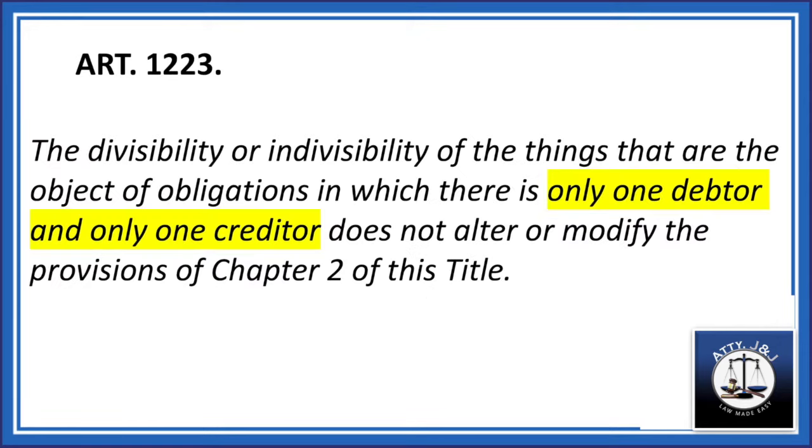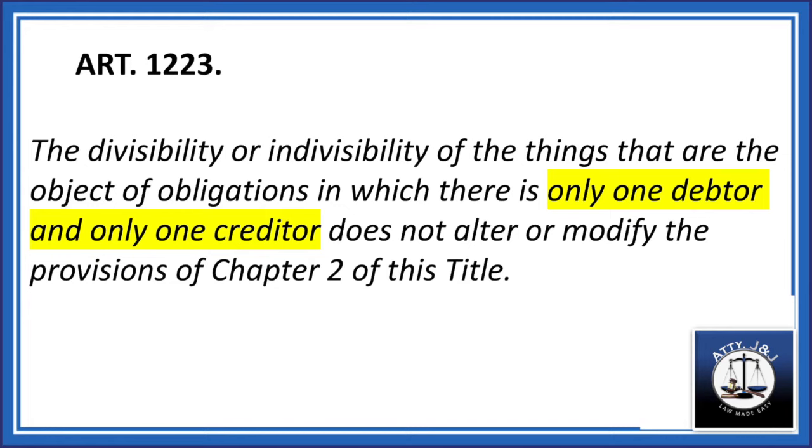Okay? Note also, an obligation is presumed indivisible where there is only one creditor and only one debtor. So, sinasabi rin yan ni Article 1223. So, question, ang Article 1223 ba ay tumutukoy or applicable lamang sa real obligations?